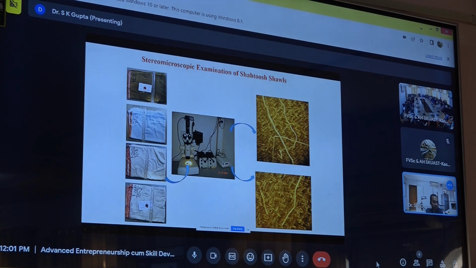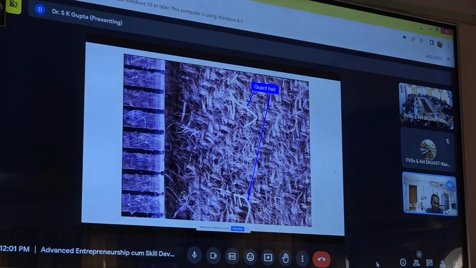Most of the time when the guard hair is present, our agencies are very good at identifying it. They identify the guard hair and send the sample for further testing in the lab. In morphology also, if you pluck out the guard hair, it is very fragile. It breaks very easily.